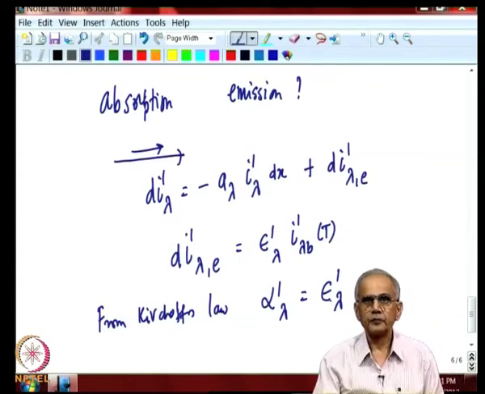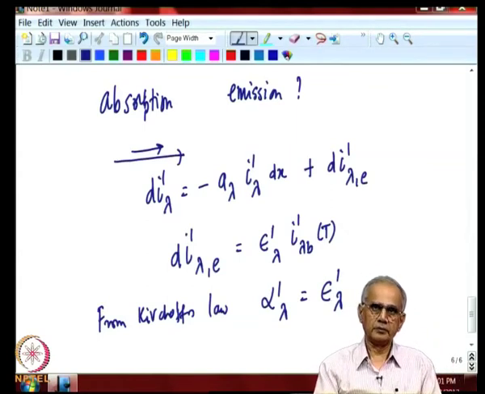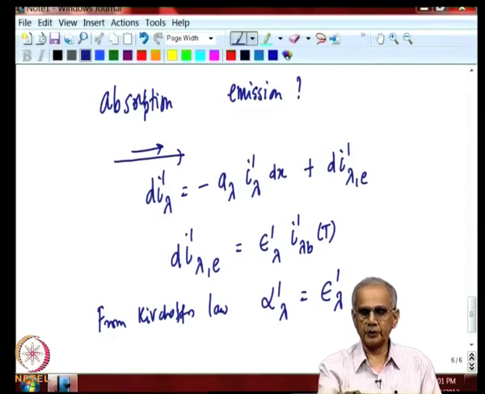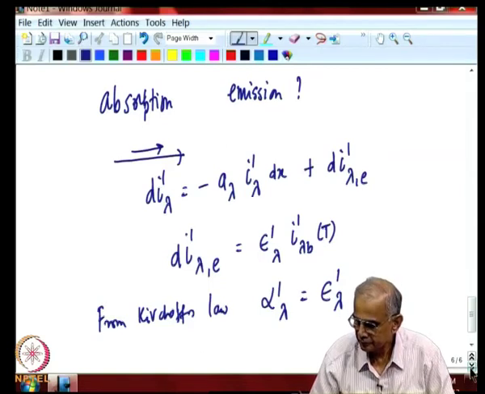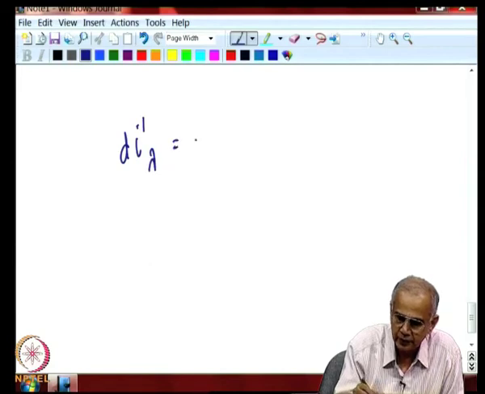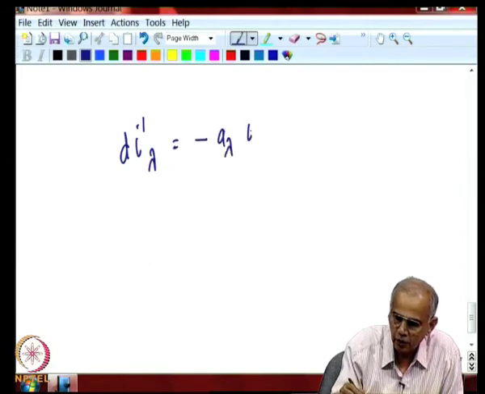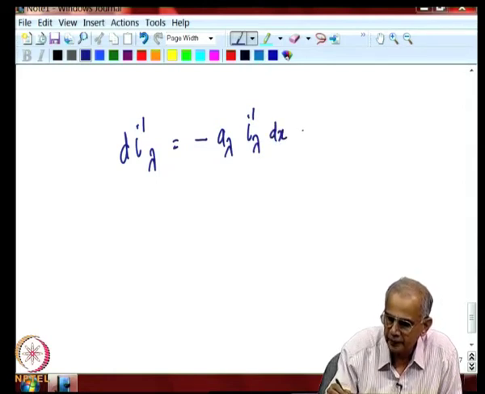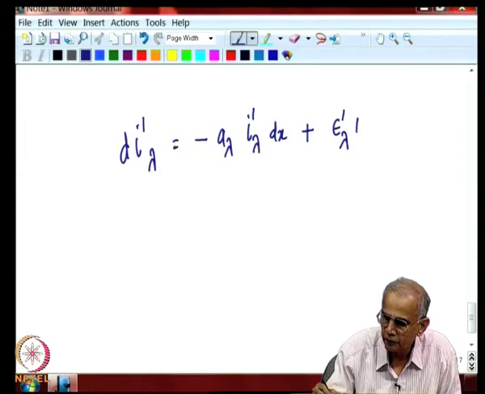It's always true as long as you satisfy a condition called the local thermodynamic equilibrium. So, this is a powerful result from Kirchhoff's law. So, you substitute that there. So, we get the statement that change in intensity is equal to a decrease on account of absorption and an increase on account of emission.